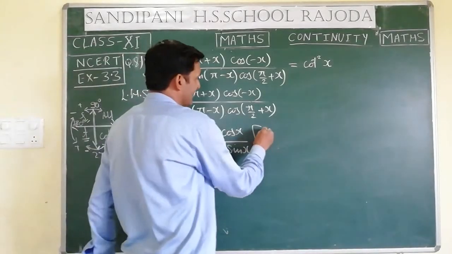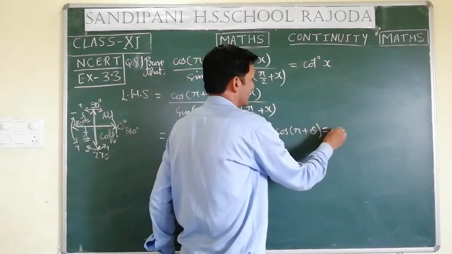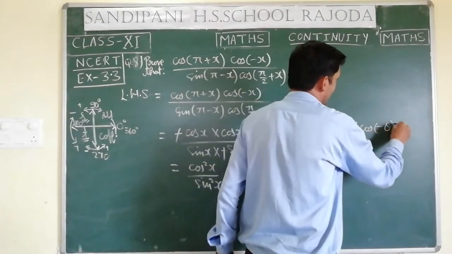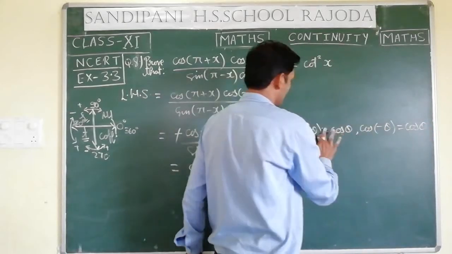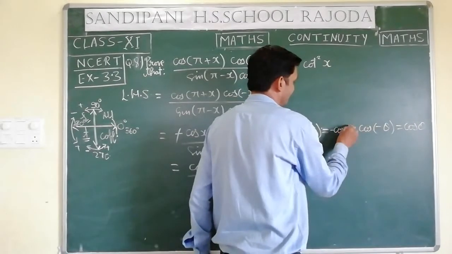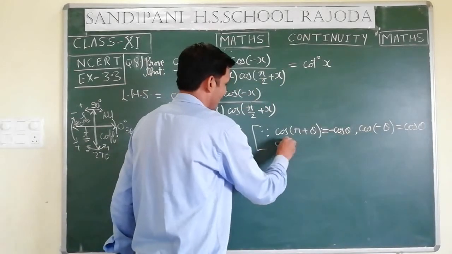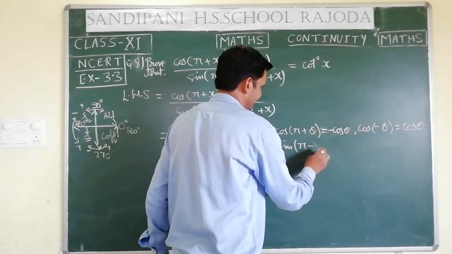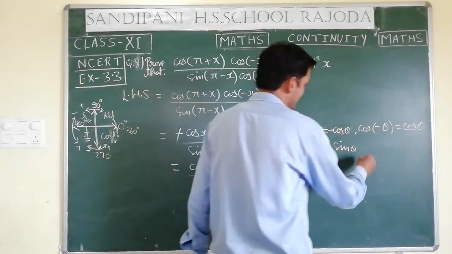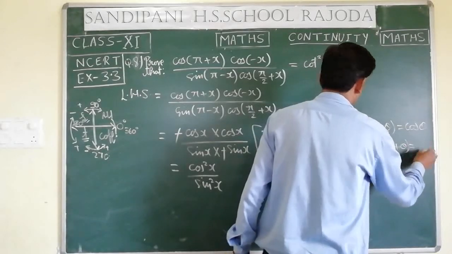We may summarise here that cos 180 plus theta is minus cos theta, cos minus theta is cos theta, and sin 180 minus theta is sin theta only, and cos 90 plus theta is equal to minus sin theta.